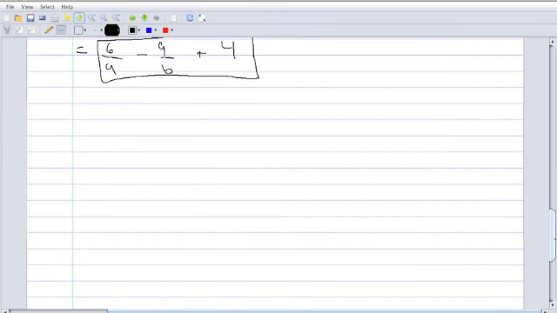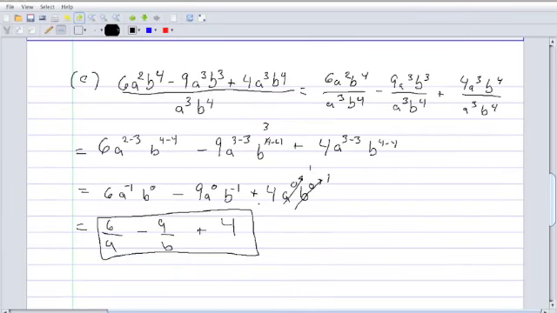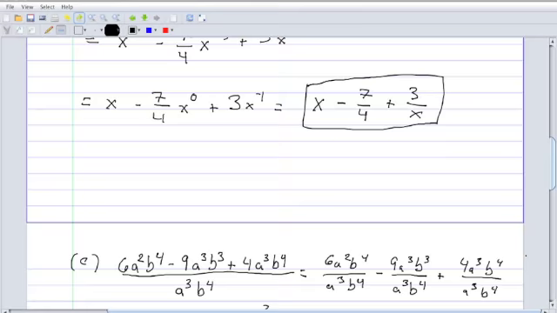So for example 2, we just want to divide. Again, we just want to divide.